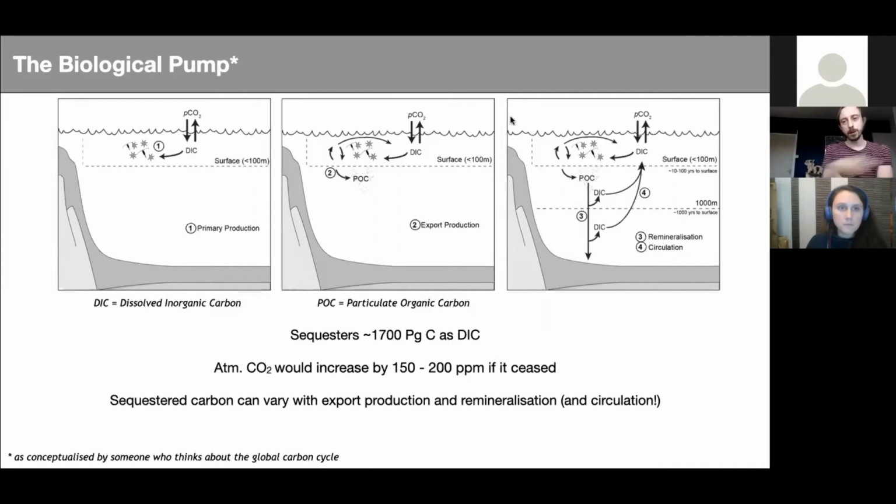If we were to kill off all the plankton in the ocean, this DIC would re-equilibrate in the ocean and with the atmosphere, and it would increase CO2 by about 150 to 200 ppm. So quite significant, but that's quite an extreme scenario. What's more likely is that this sequestered carbon pool can vary with changes in export production and with where the DIC is being released in the water column.